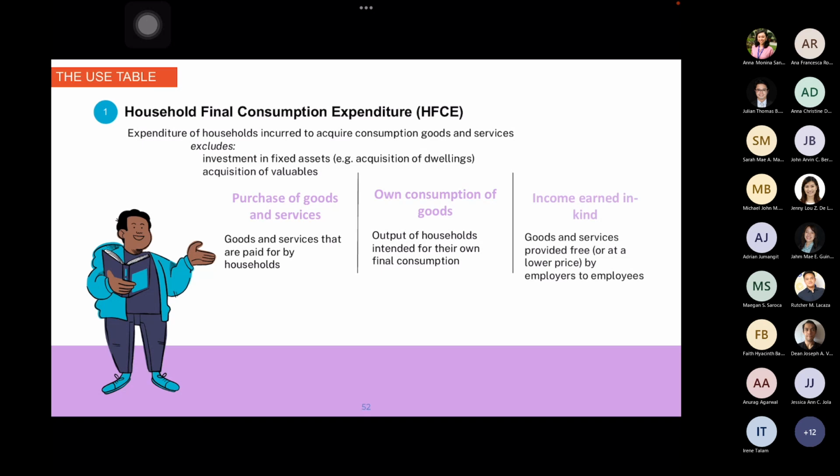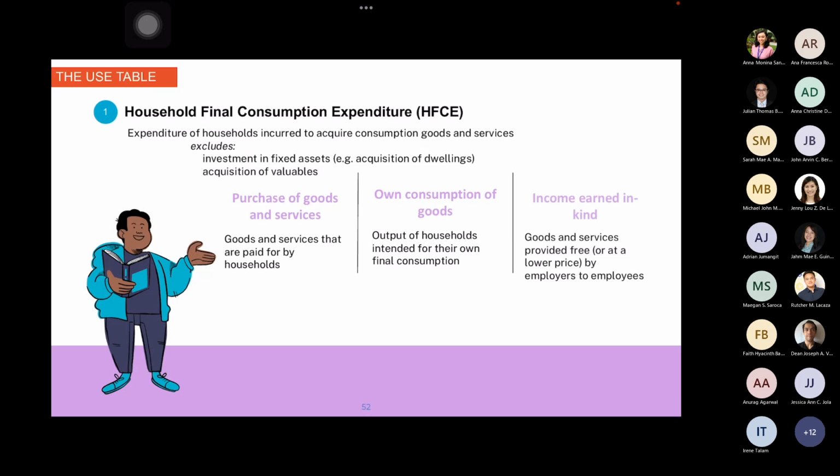So this consists of goods and services which are provided either free or at a price lower than the market price by the reseller. And it can also relate to goods and services produced by, let's say, an employer, as well as purchased by it.